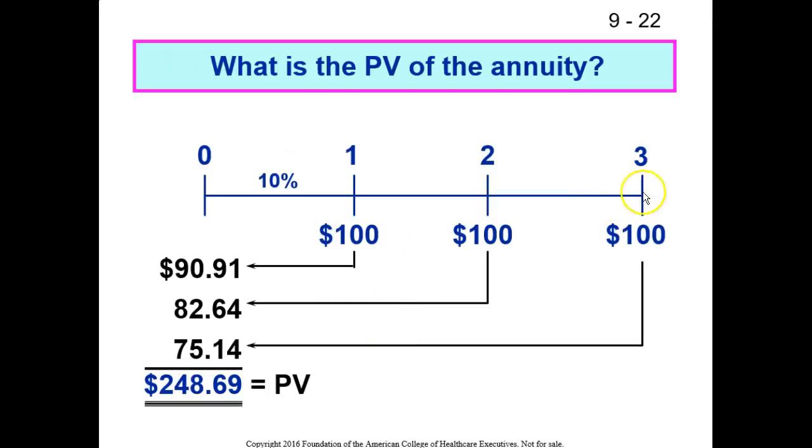You can go here, year 3, or at year 1. You could think of it like a series of investments that you make of $100 going into whatever, maybe a new facility. It could be hundreds of thousands of dollars, and you can always add more zeros onto this, right? But how much would the present value of that annuity be?